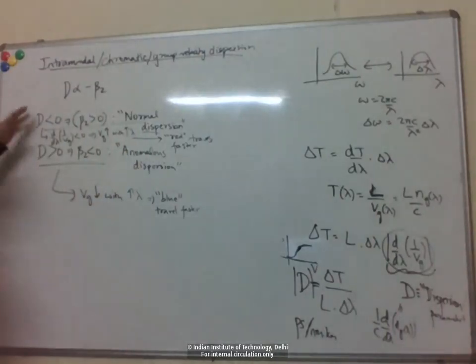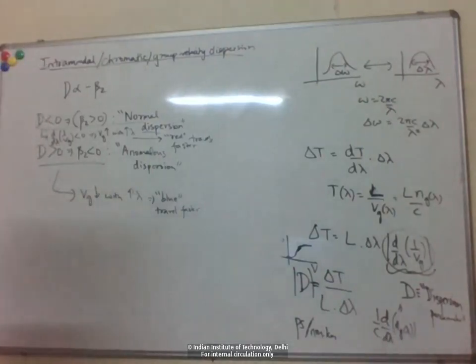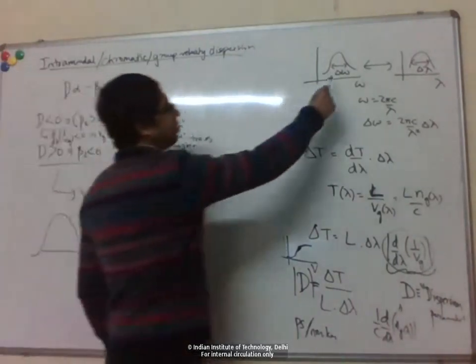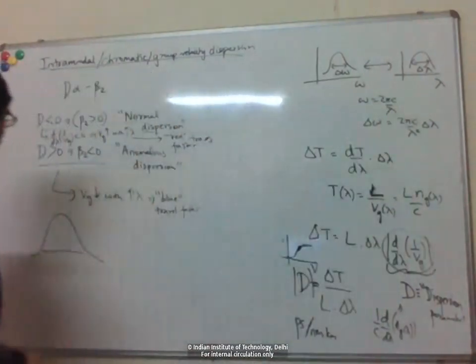Again, it's not that in one case you will get broadening and in the other case you will get compression. In general, in both cases you will get broadening. A way to understand that is, let's say I have some spread of frequencies or wavelengths.